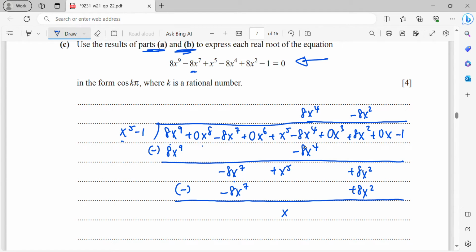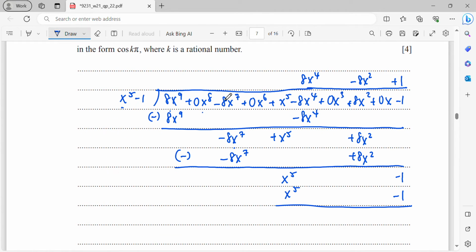Bring down the x degree 5. So 8x squared minus 8x squared is no more. Then bring down the minus 1. Obviously now we need to multiply by plus 1. Which means my 8x degree 9 minus 8x degree 7 plus x degree 5 minus 8x degree 4 plus 8x squared minus 1 equals to 0.